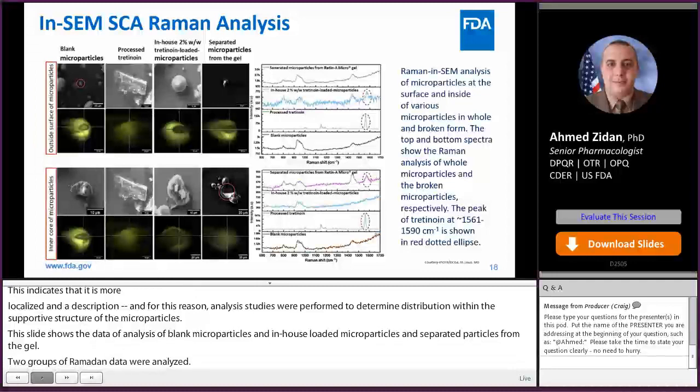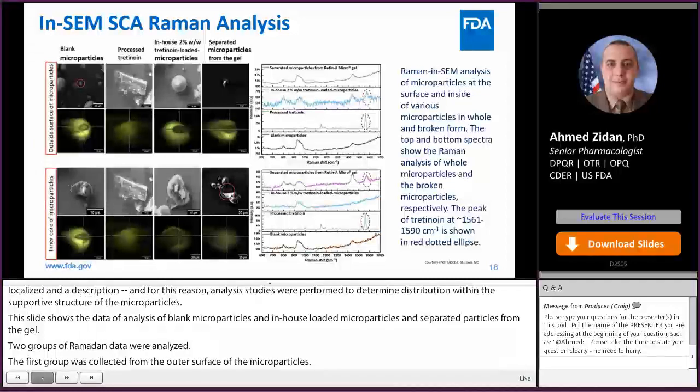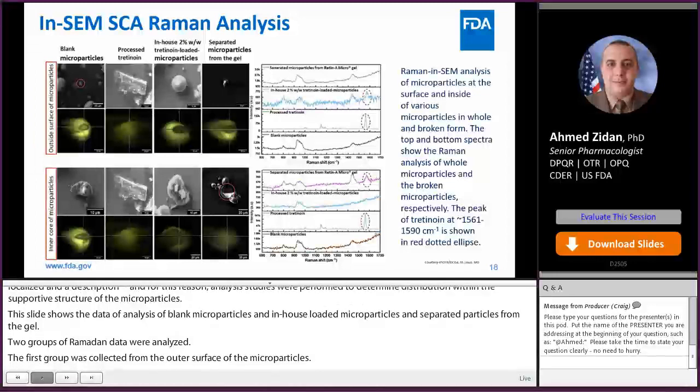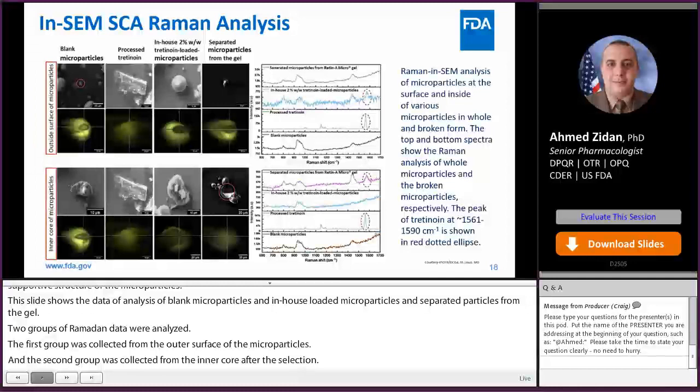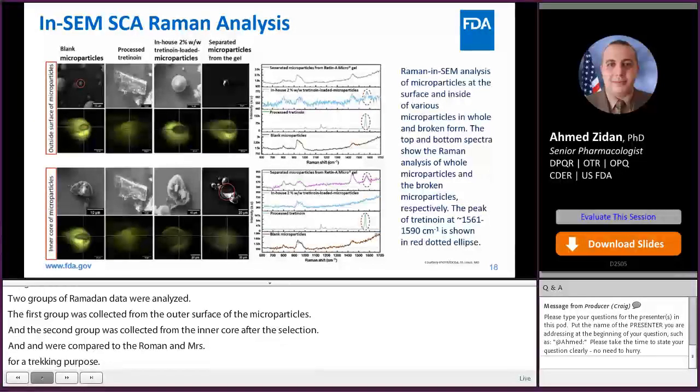The Raman spectra collected were compared to the Raman spectra of the blank microparticles and processed tretinoin for reference. As you can see from these spectra, in the in-house tretinoin-loaded microparticles, the drug was more associated at the surface rather than the core of the microparticle.